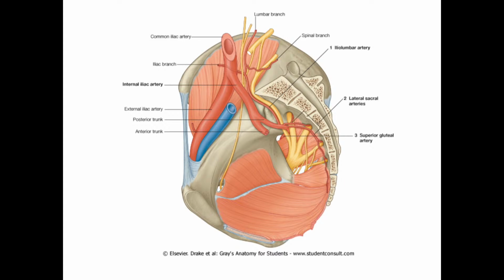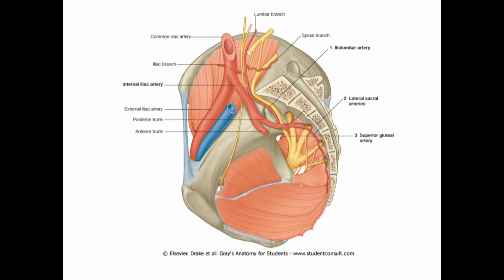So as I mentioned, and I'm highlighting once again, inferior to the pelvic inlet, it divides into the anterior and posterior trunk at the level of the superior border of the greater sciatic foramen. So it has two trunks, right? Let's start discussing the posterior trunk.